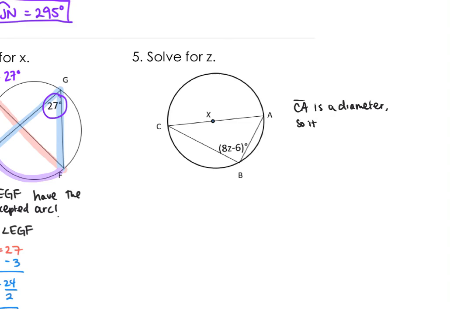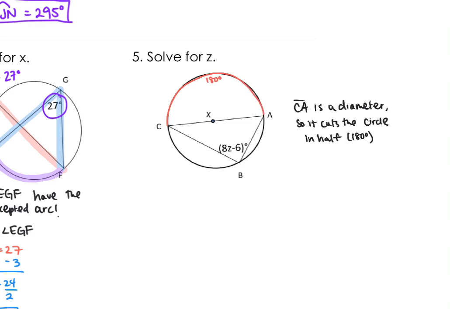And remember, if it's cut in half, that means there's 180 degrees on both sides. So that's telling me that this arc right here is 180 degrees.